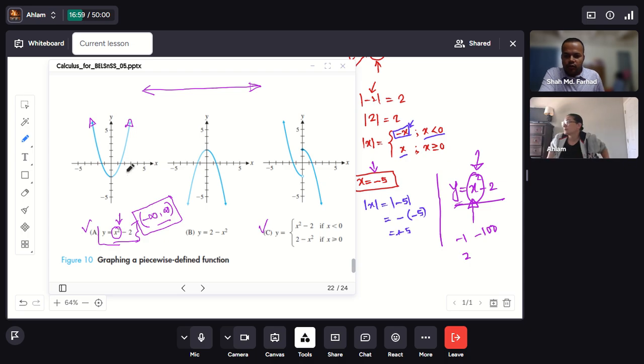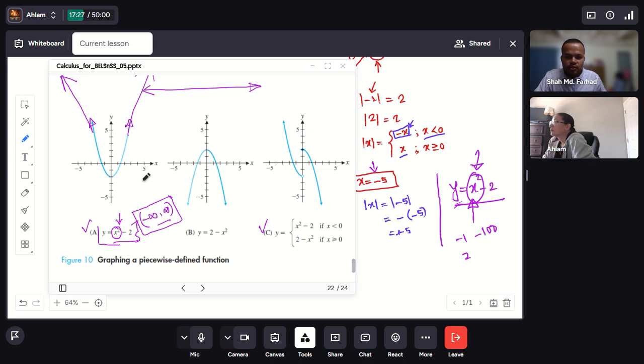Now, we can also identify the domain from the graph. That means all values of x are called domain, right? All possible values of x are called domain. So here, this graph, if we extend it, it will go up to this and up to this.